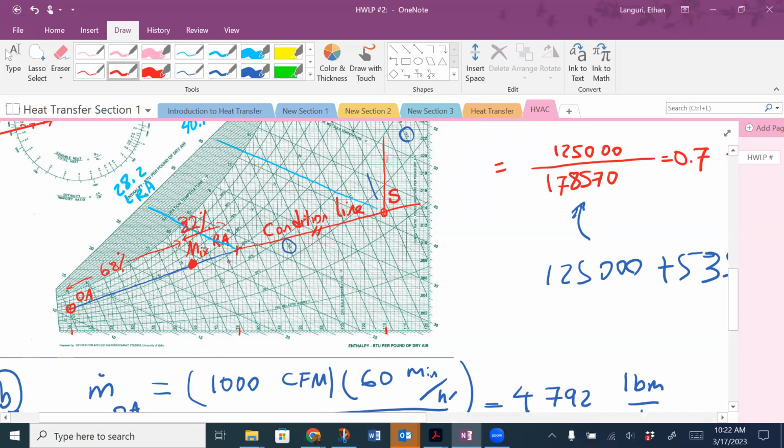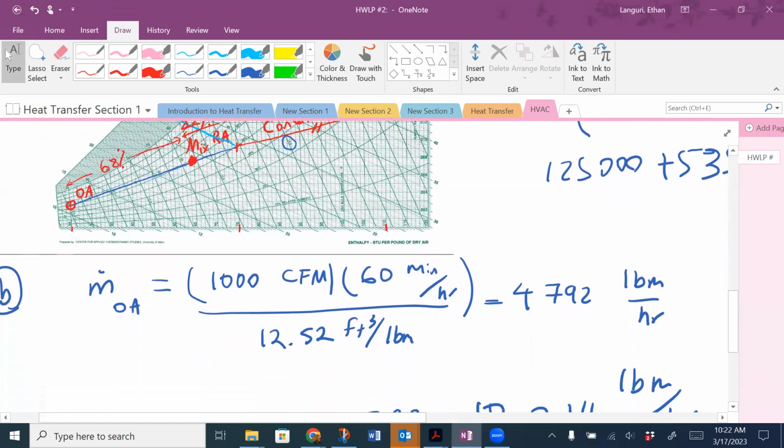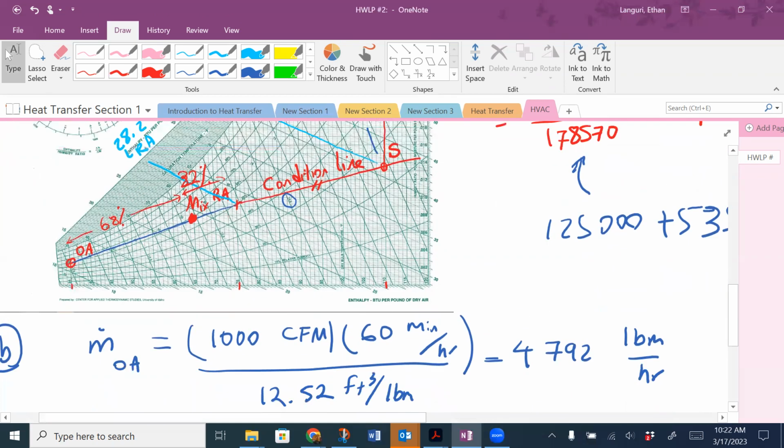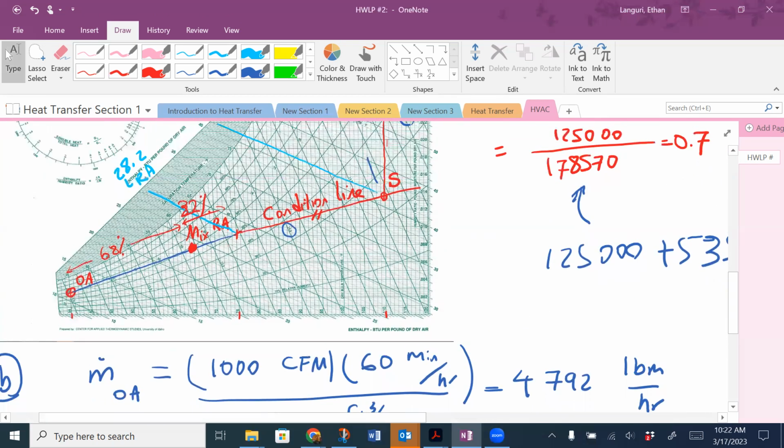So this is how I show my mixing. In the bottom line, in summary, the mixing location is closer to the point with the higher mass flow rate. Anyway, now that I have it, I can find the mixing point information.